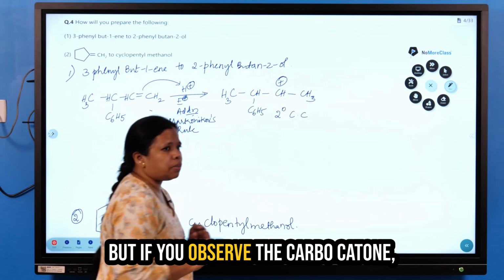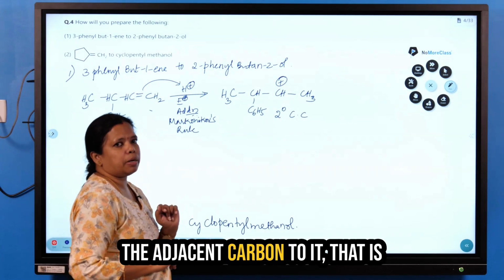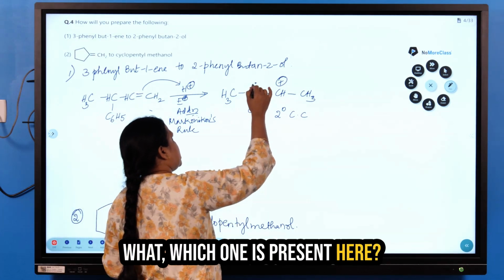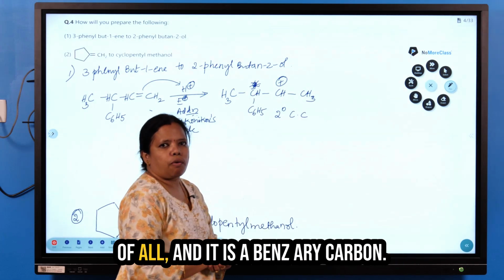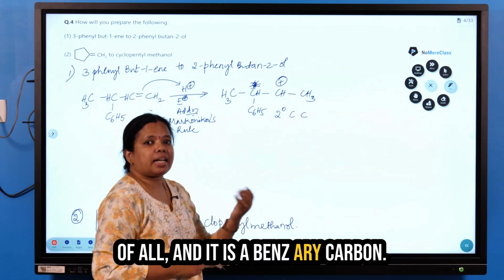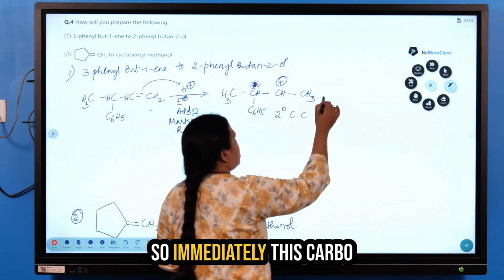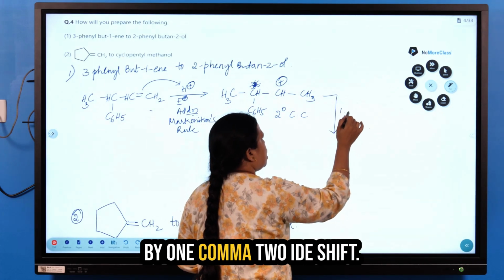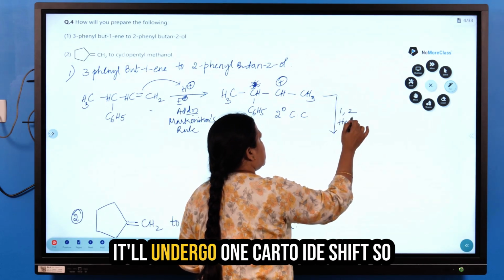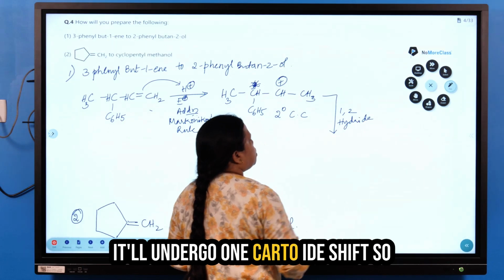But if you observe the carbocation, the adjacent carbon to it, which one is present here? This one here is a benzylic carbon first of all, and it is a benzylic tertiary carbon. So immediately this carbocation will rearrange, and by what? By a 1,2 hydride shift. It will undergo a 1,2 hydride shift.